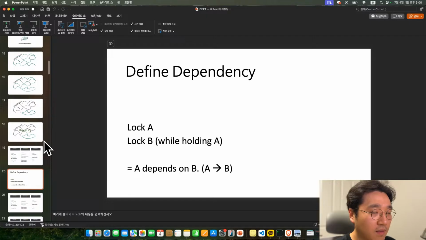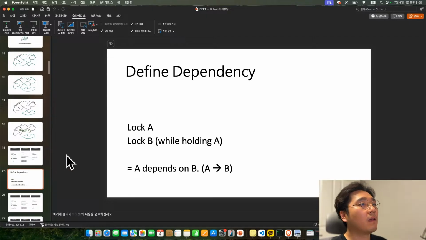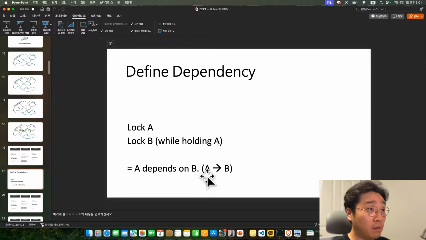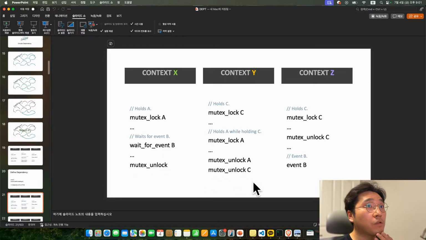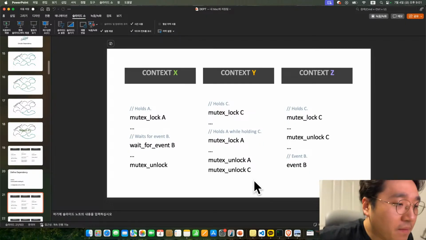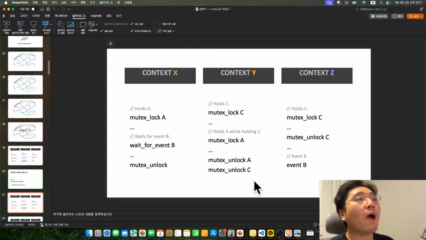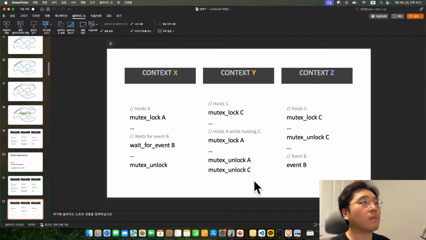Lockdep builds a dependency: when it holds the lock A and wants to hold B, it builds a lock dependency from A to B. So we can review this slide and I can explain why this is a deadlock situation.